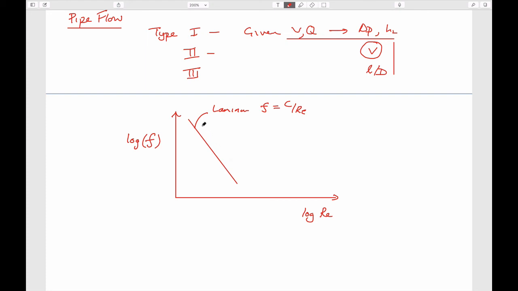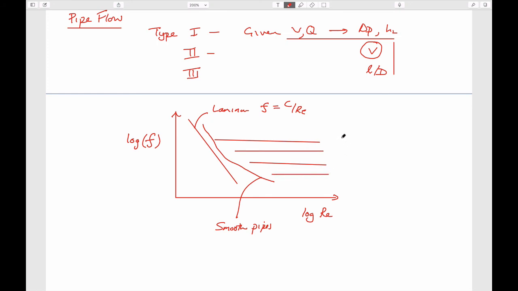And we have a boundary of behaviors here for smooth pipes, and here we have a whole bunch of horizontal lines which represent different magnitudes of roughness coefficients. And so the essential components are this: in this turbulent regime, the friction factor equals constant with Reynolds number.